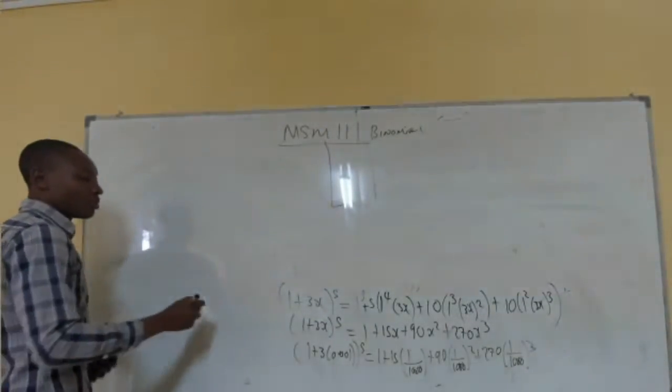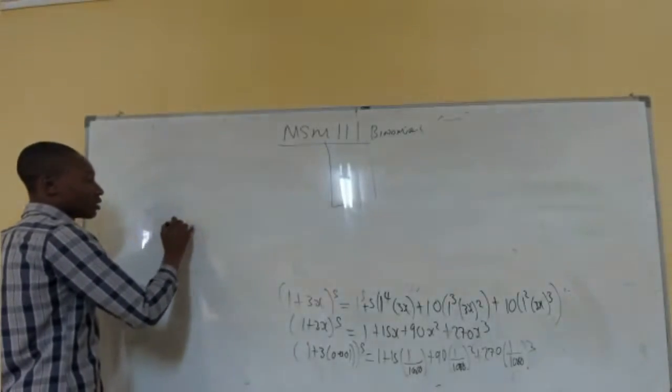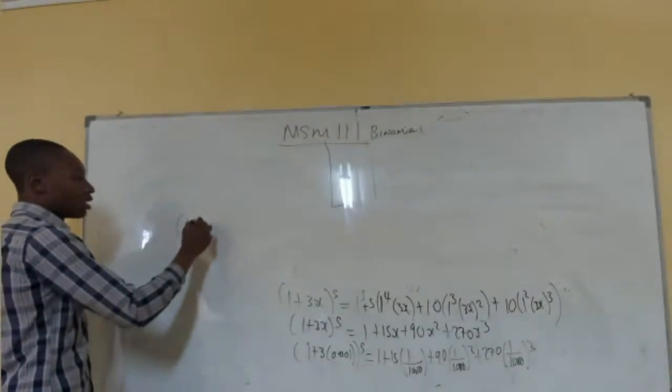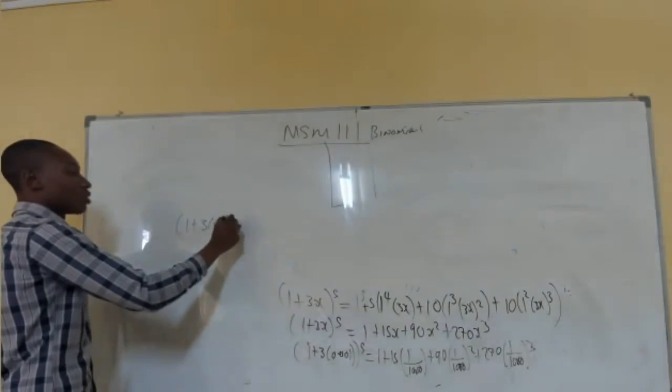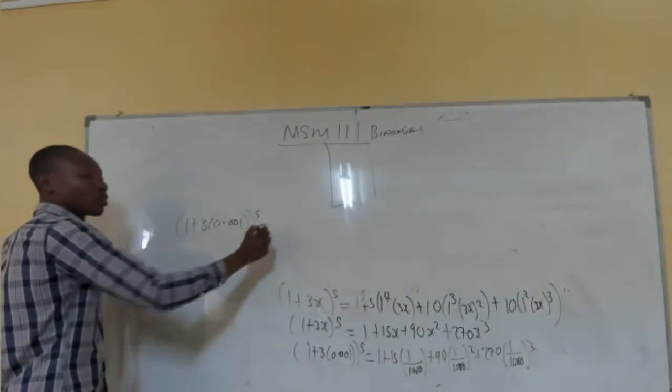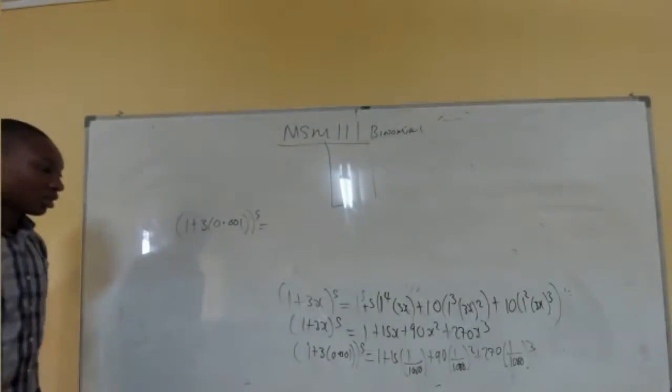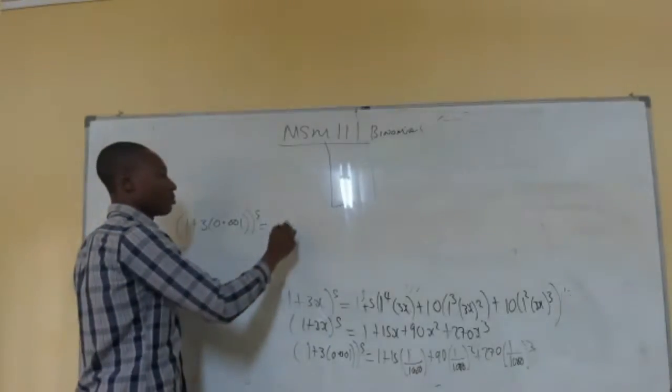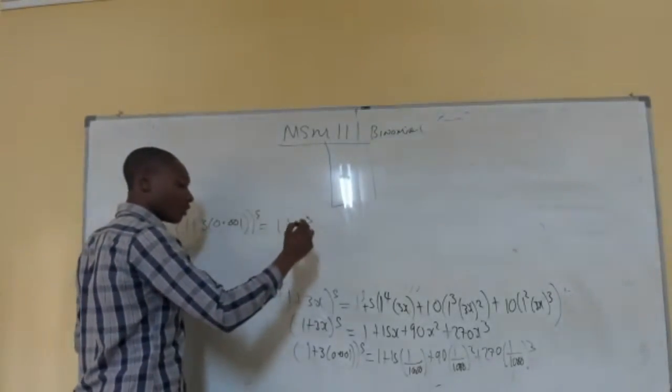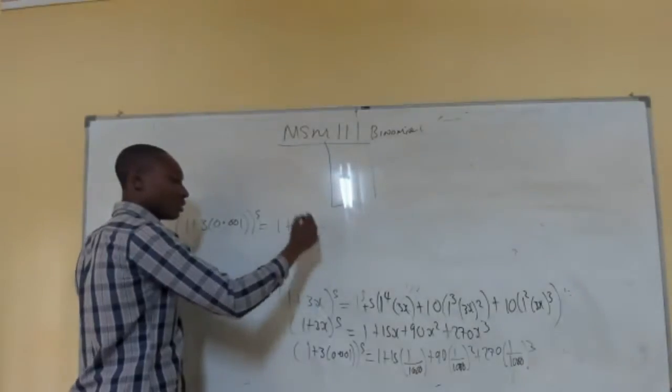So if we're going to multiply, the first value which we have is 1 + 15 over 1000.